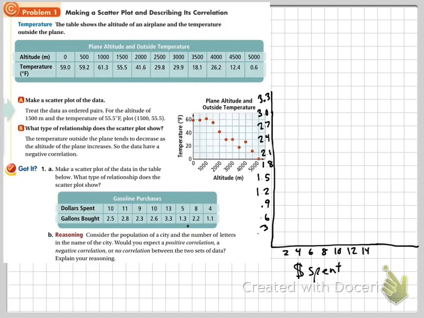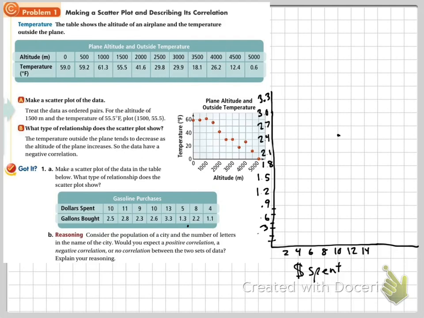Okay, if it helps, you can go back and put hash marks in there, right? So I've got 0.1, 0.2, and then the 0.3, 0.4, 0.5, and then the 0.6, right? If that helps you, go ahead and put them in. If not, you can eyeball it. So we need to go, 10 goes to 2.5. It's about there. 11 goes to 2.8.